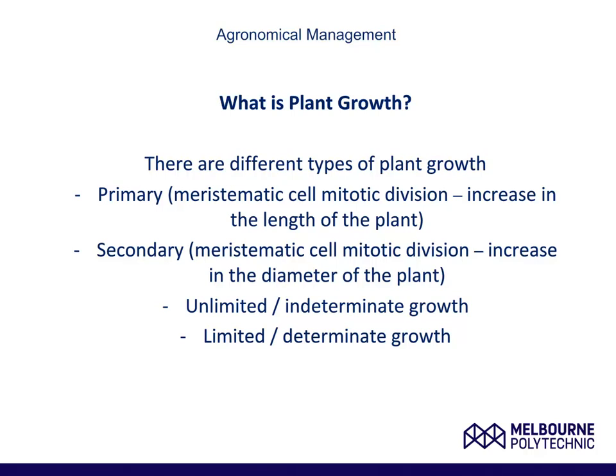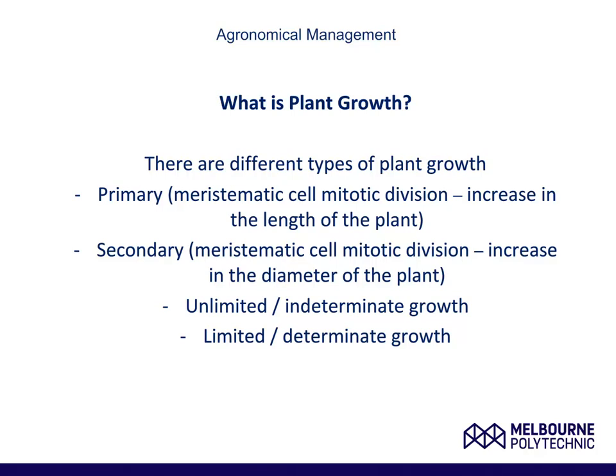We can also define growth by being limited or unlimited. Unlimited growth is where, just as the phrase suggests, there is a process where the root and the shoot system will grow continuously. Growth occurs from germination to the death or throughout the lifespan of the plant.